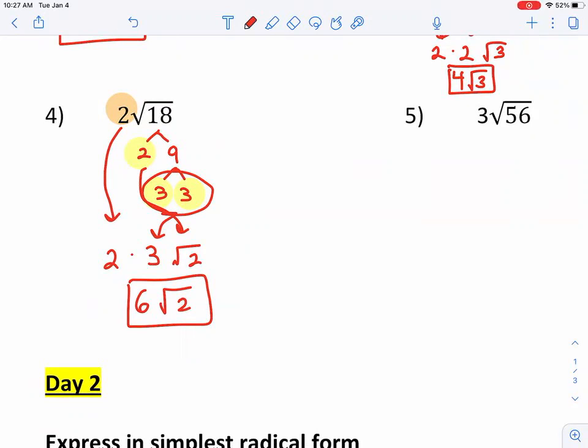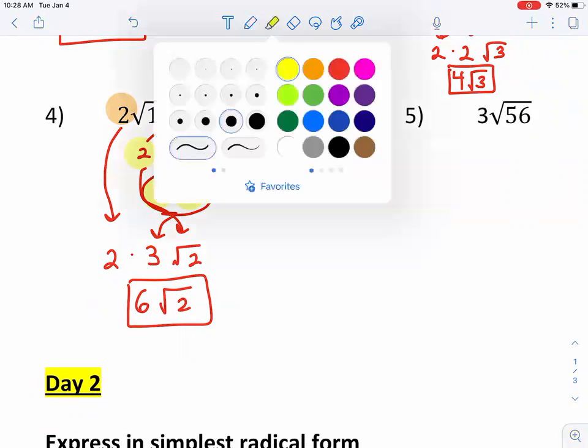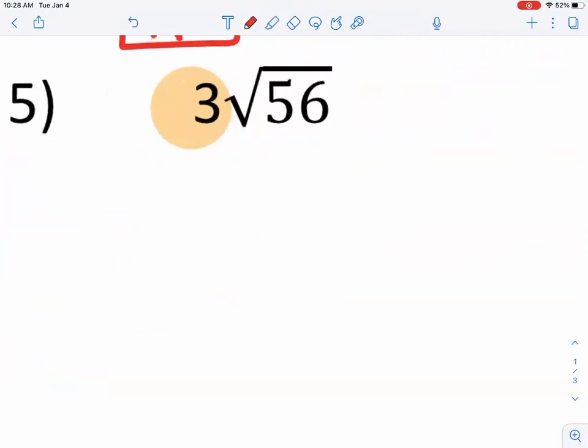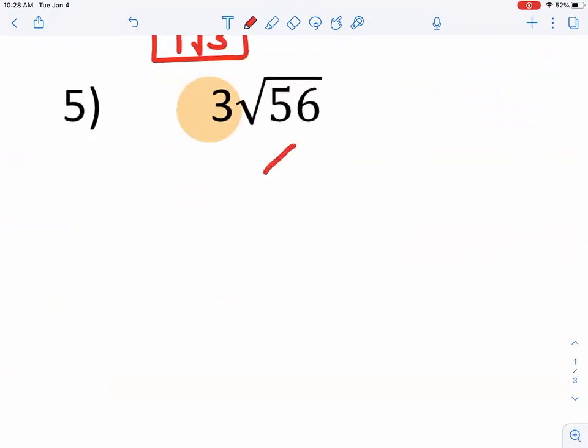All right, so I'll do one more and then I'm going to have you guys practice a couple, okay? So to do problem 5, again, the 3 out front, I'm going to leave till the end. I'm not even going to mess with that 3 out front. I'm just going to do my factor tree for 56. I know that's even, so that's going to be 2 times 28.